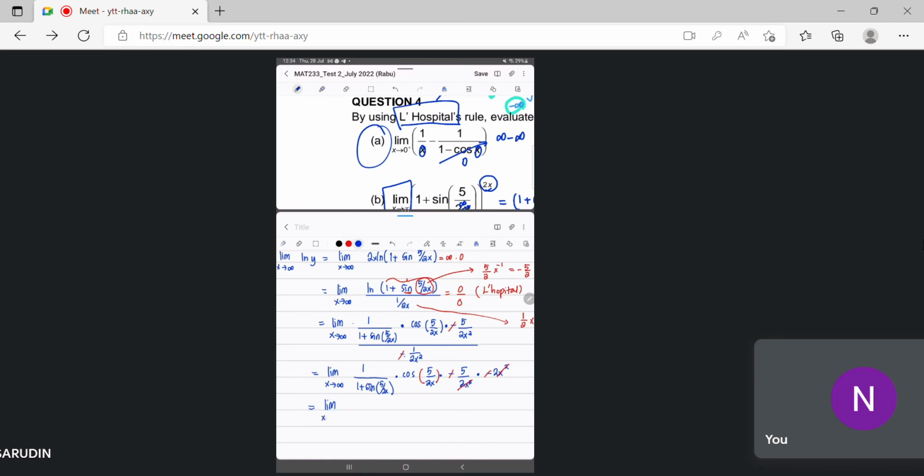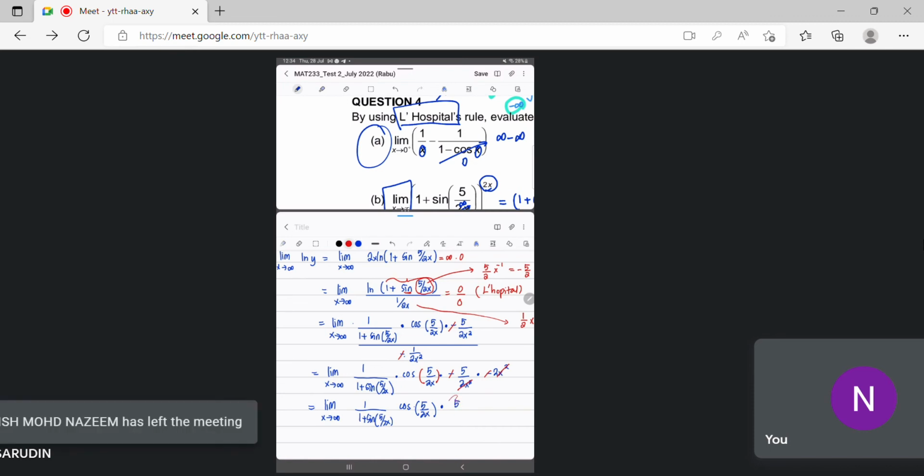So limit x approaching infinity. Yang tinggal 1 over 1 plus sin 5 over 2x cos 5 over 2x times with 5. Okay, this satu lagi salah korang selalu buat. 5 pergi darab dengan 5.